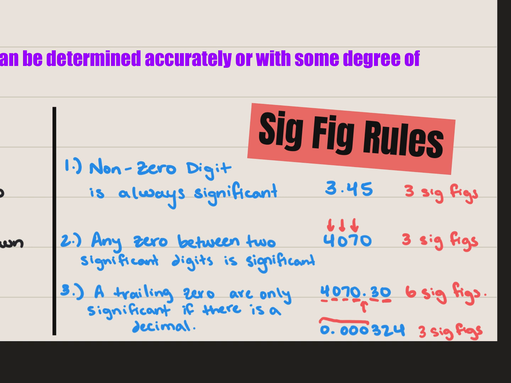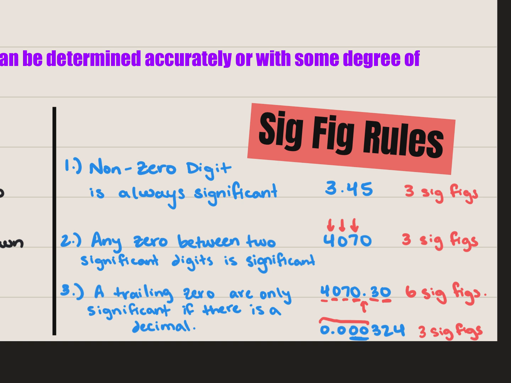Now, if this 0 at the front was actually a 2, there would be more significant figures, because the 2 zeros between the 2 and the 3 would become significant since they are between non-zero digits. But if it's just zeros in the front, they are always not significant figures.